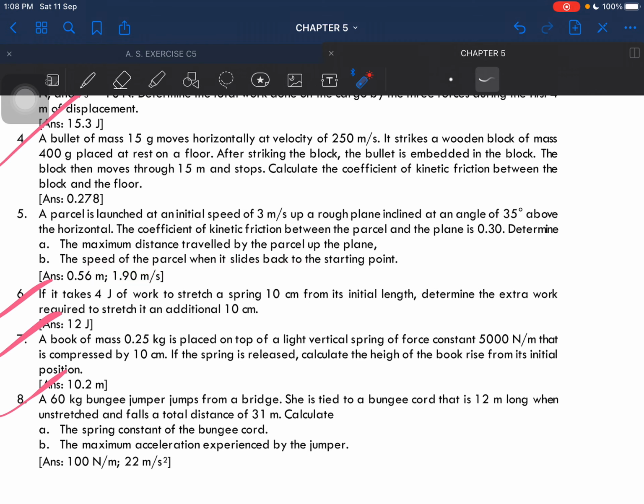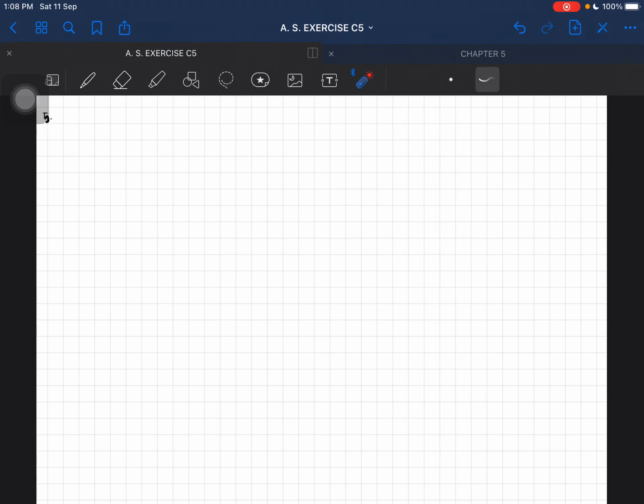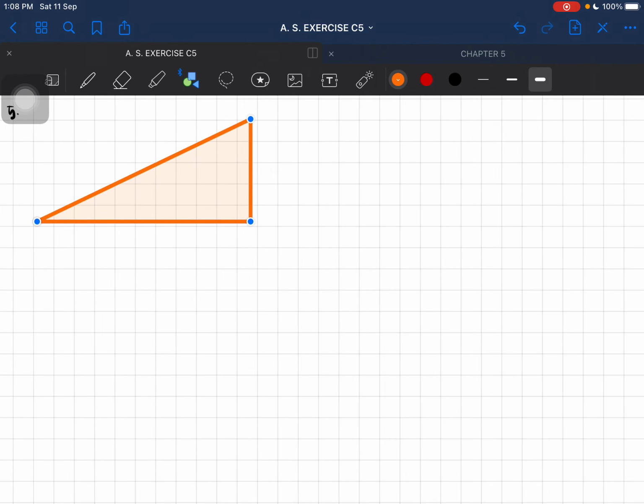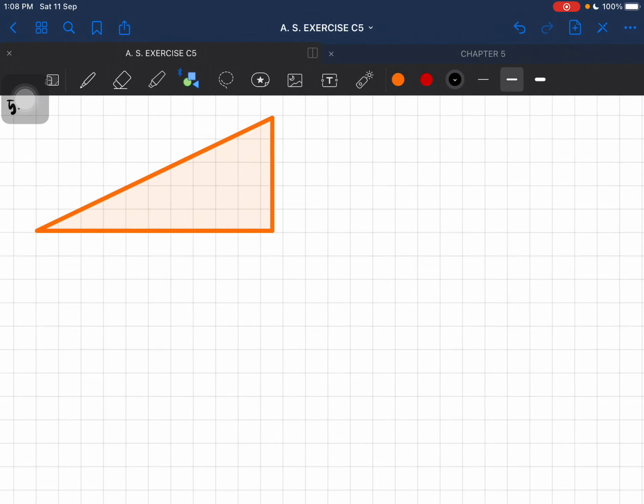Okay, so firstly let us draw the situation. Okay, just gonna use orange. So it is basically an inclined plane, at 35 degrees, I think, yeah, it is 35 degrees above the horizontal.